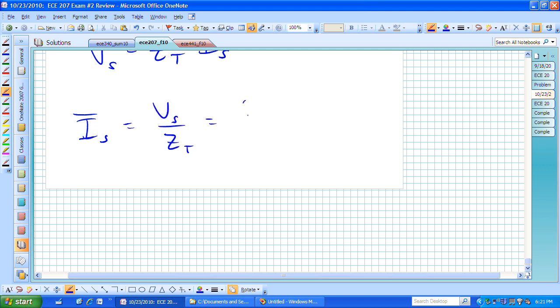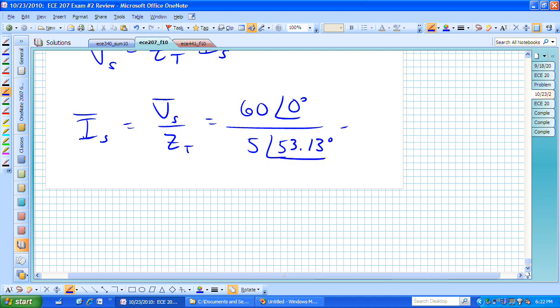This was then 60 at 0 degrees, our source voltage, V sub S. Our impedance that we just found was 5 at 53.13 degrees, giving us our current going through all of the series elements. I sub S is a magnitude 12 at an angle of minus 53.13 degrees.